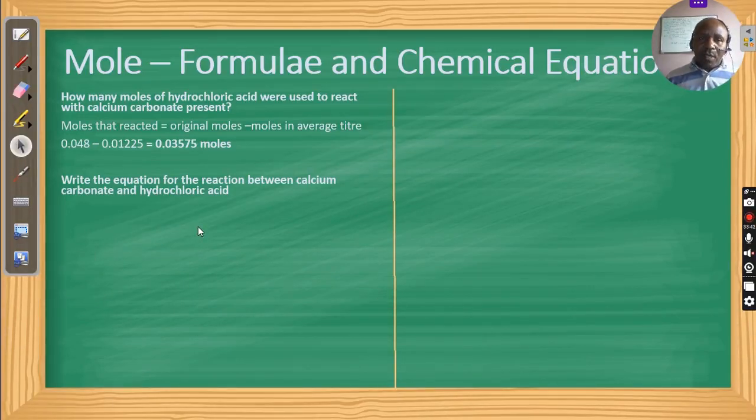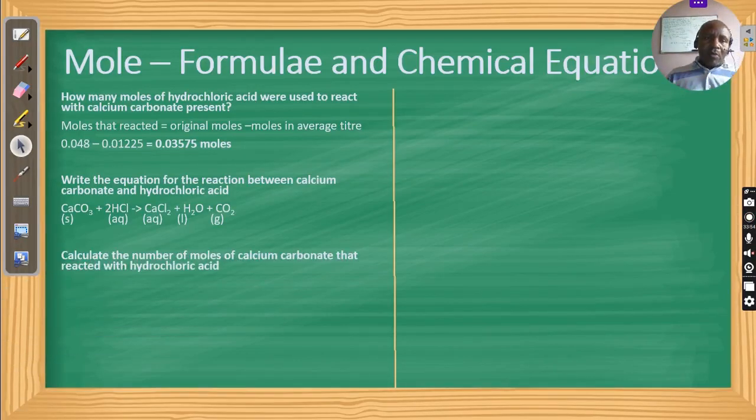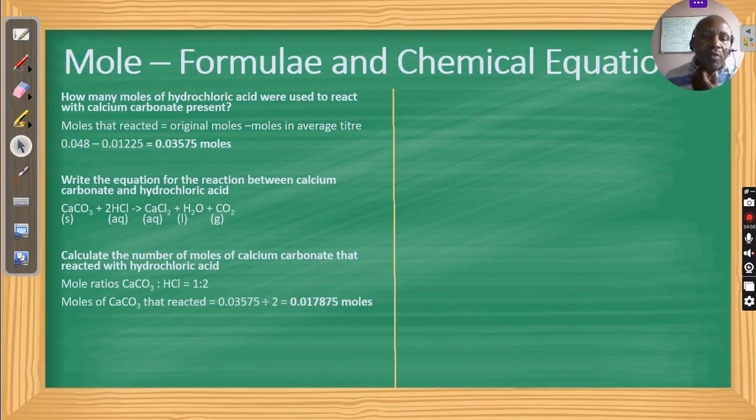Write the equation of the reaction between calcium carbonate and hydrochloric acid. You can write that equation and balance it, and you find that 1 calcium carbonate reacts with 2 hydrochloric acids. To calculate the number of moles of calcium carbonate that reacted with hydrochloric acid, the ratio is 1:2, and we are aware that the hydrochloric acid is 0.03575.